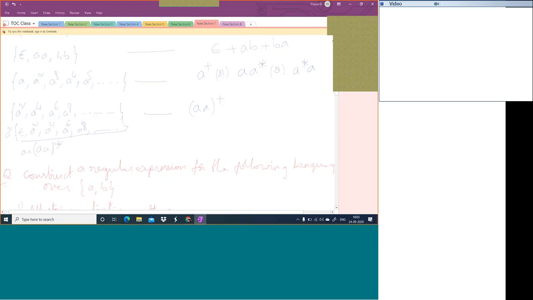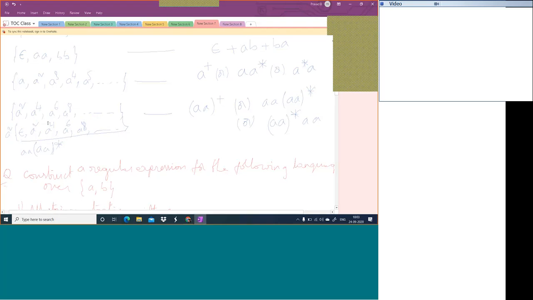And before that, the double A. So the same you can write as double A followed by double A whole star. Or if I take double A common on the right side, then this will be double A whole star followed by double A. Okay? You got it?